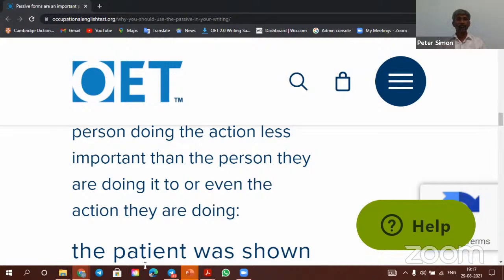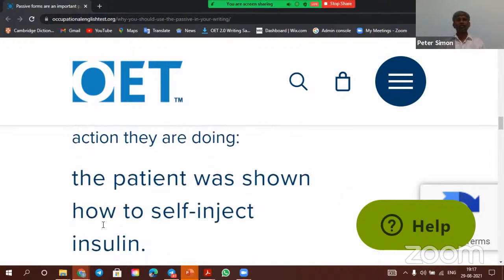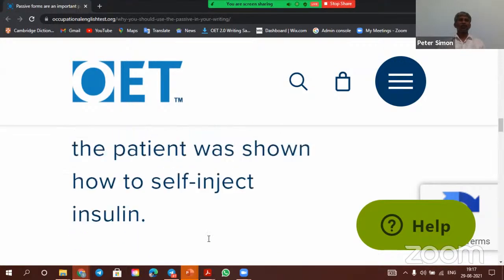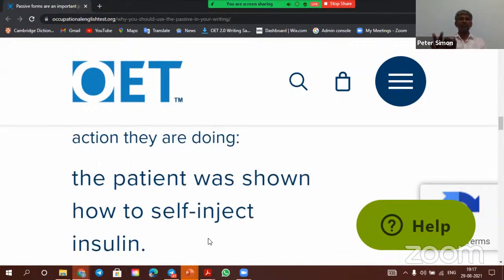And next, the patient was shown how to self-inject insulin. Self-injecting insulin was shown, was demonstrated, was explained. Education was provided to inject insulin.